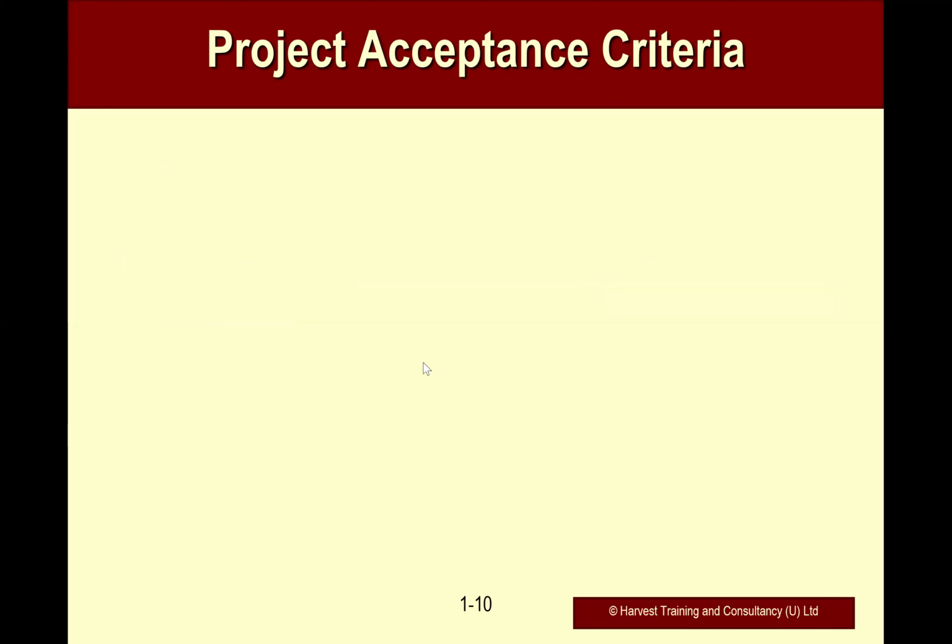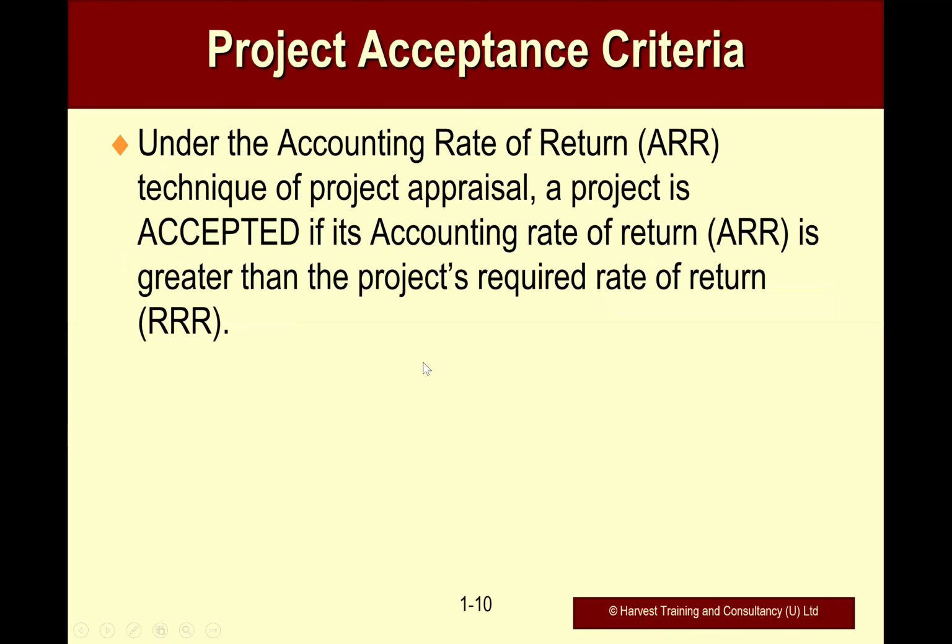Now, when it comes to the accounting rate of return, a project is accepted if its accounting rate of return is greater than the project's required rate of return. So it means that the examiner has to give you the company's or the project's required rate of return.